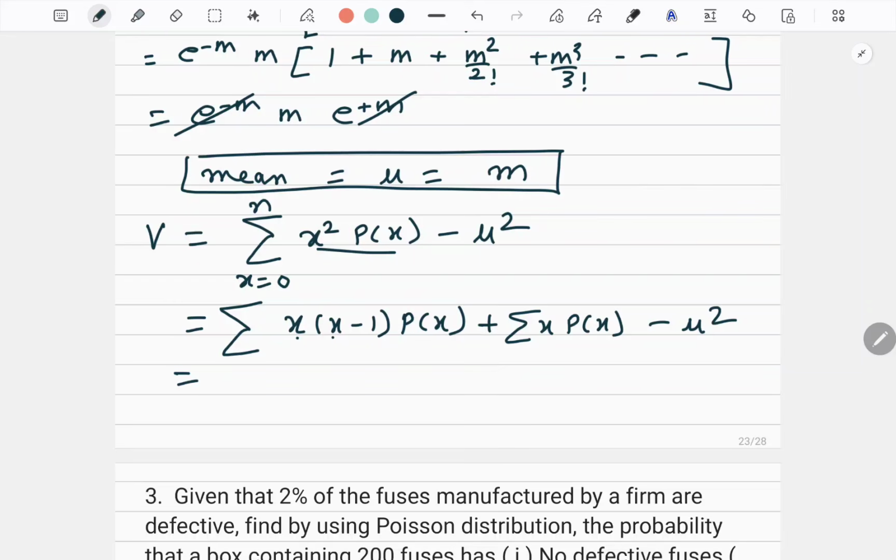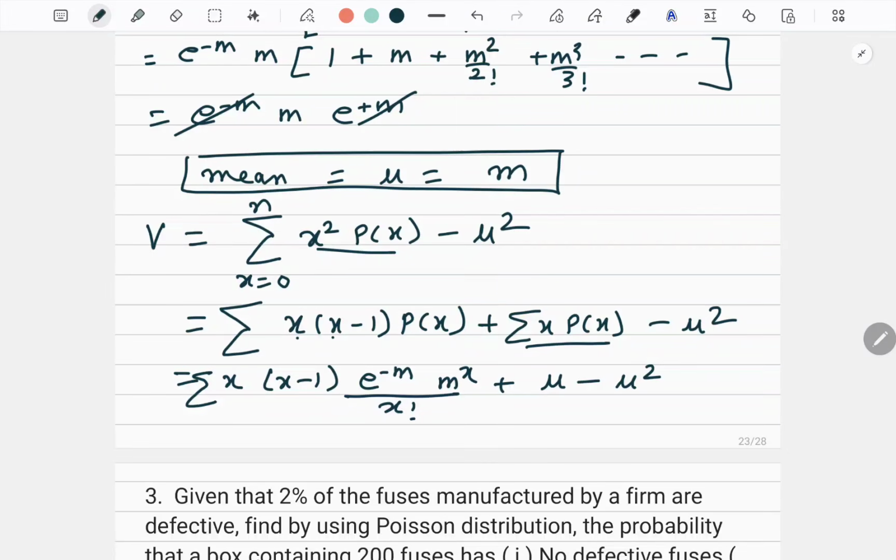Right? Now this thing, what will you do? Substitute the value of p(x). So now this is x into (x minus 1), p(x) is e to the power minus m, m to the power x upon x factorial, plus this is the formula for mu, so write mu, minus mu square.